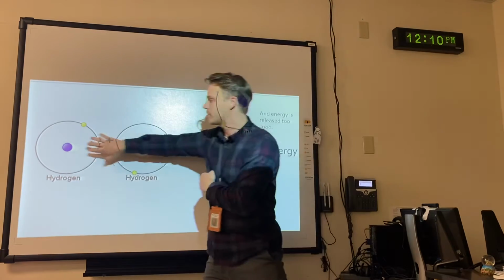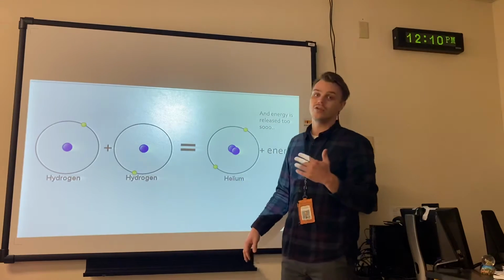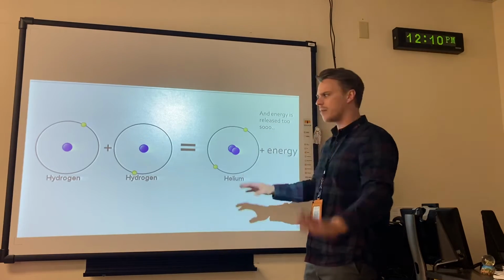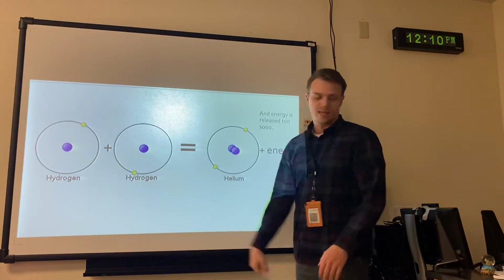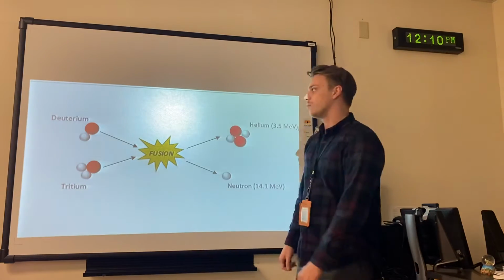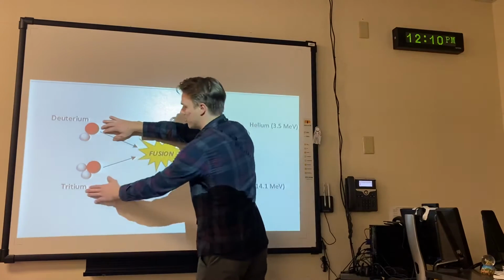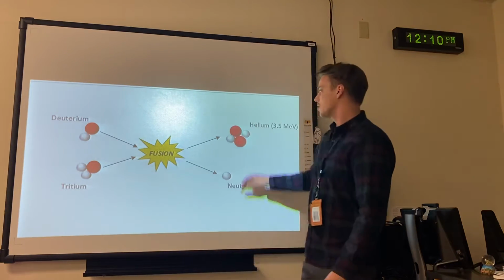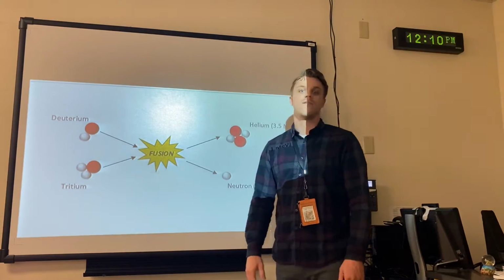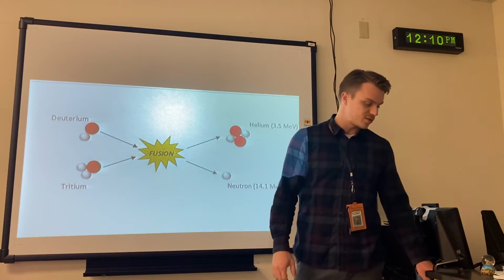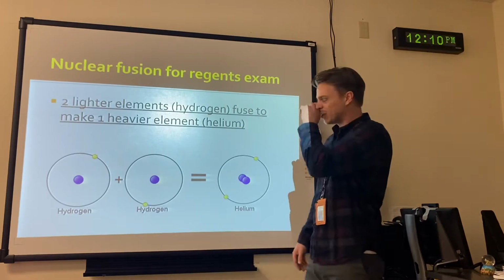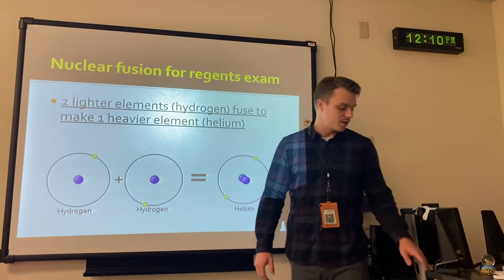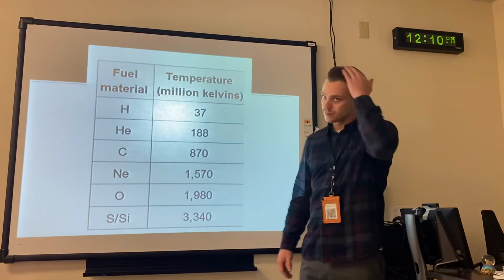So two hydrogens, or two deuteriums, if you want to be technical. You don't have to know that, but it's technically deuterium. Two hydrogens fuse together to make a helium. To get more complicated, there's a deuterium, there's a tritium. They fuse together to make helium. Just think of it as fusion is the energy inside of stars, and this releases a tremendous amount of energy. All right, two light elements combine to make one heavy element.